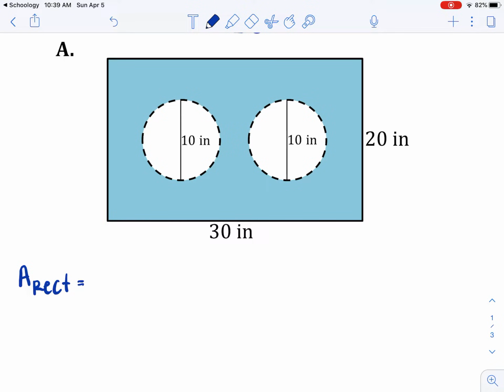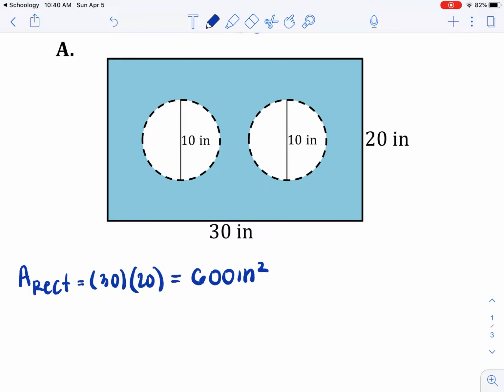Area of a rectangle is equal to base times height. So base is 30 times height, which is 20. So now I can get the area of my rectangle, 30 times 20, 600 inches squared.